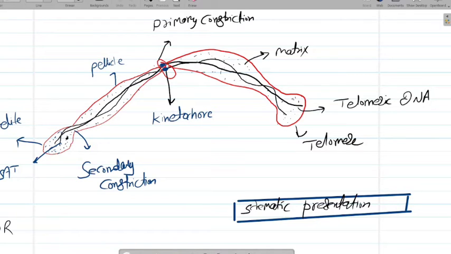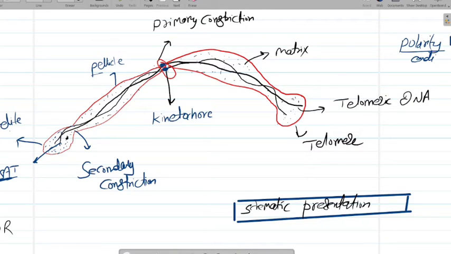This is the primary constriction. The centromere attaches the chromosomal arms at the thin part, and we call it the primary constriction. In the primary constriction you can see the disc-like structure called the kinetochore, and it helps the chromosome in cell division, because it holds the spindle fiber from the pole to the middle line. This is the outer thin layer of protein, called the pellicle, and this is your matrix. It has water, enzymes, and minerals in it.